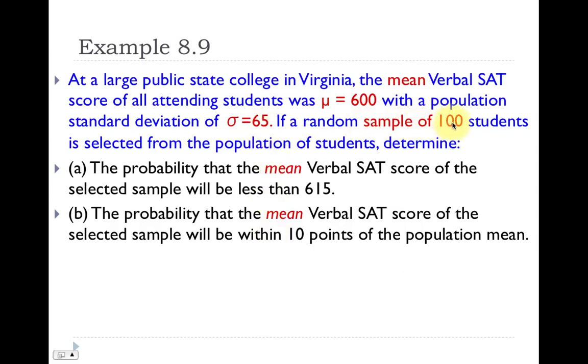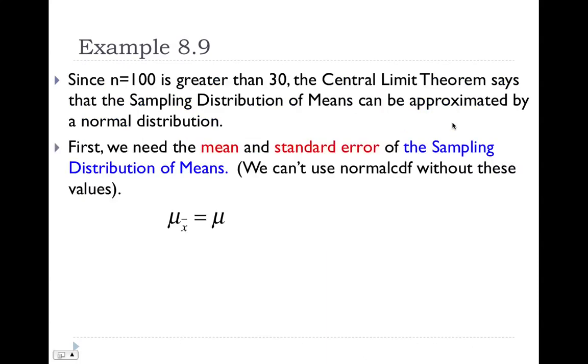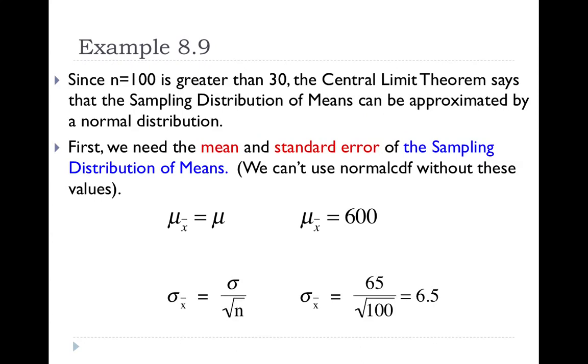Sample size is 100. So you're going to take 65 divided by the square root of 100, and that should give you 6.5. Okay, so little to no work in defining the mean of the sampling distribution, a little bit of calculation to find the standard error, and now we're ready to use normal CDF. Normal CDF requires 4 inputs, and these are the last two. This is input 3 and input 4.